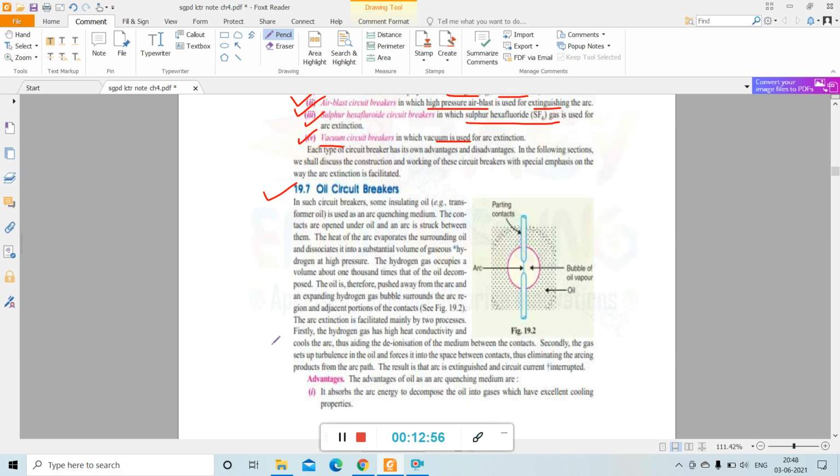The result is that the arc is extinguished and the circuit current interrupted. I already told you this circuit description in the introduction part. See, this is our moving contact and this is our fixed contact. It is like this.